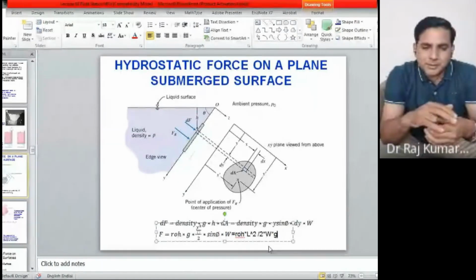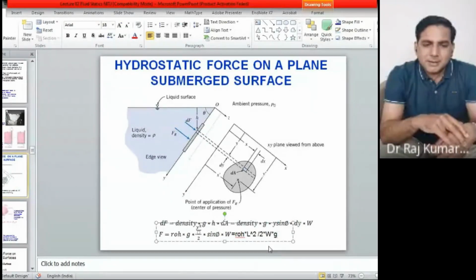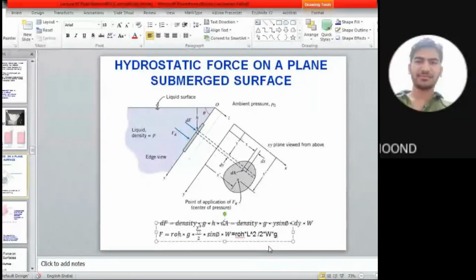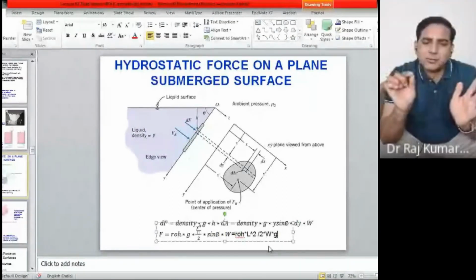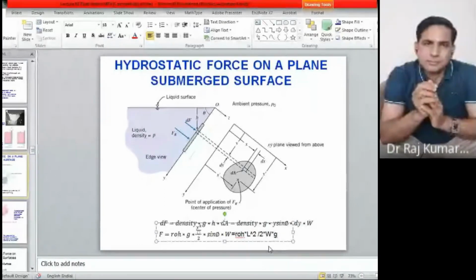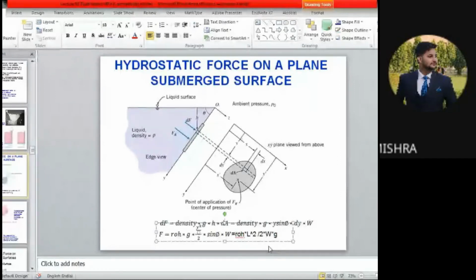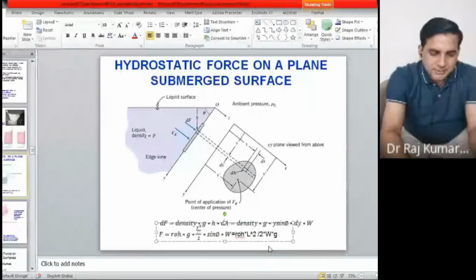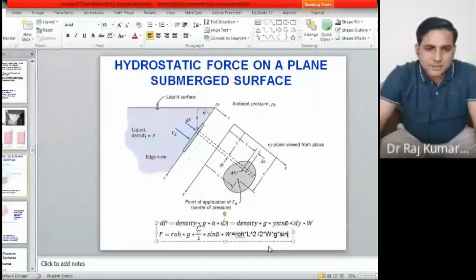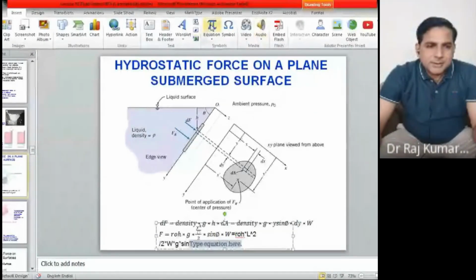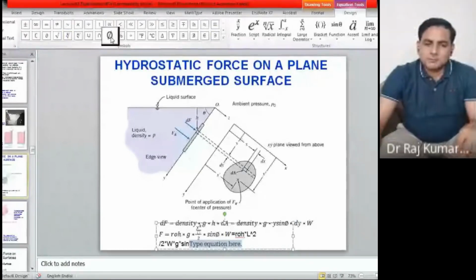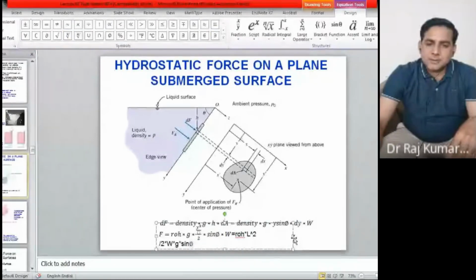We will end up at this particular point only. Yes, sir. So your formula has come: rho g L square by 2 into W sin phi. Sorry, the sin phi was that one. So in that case, this is your expression.